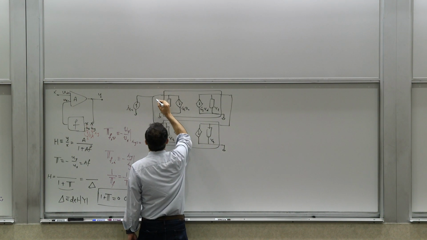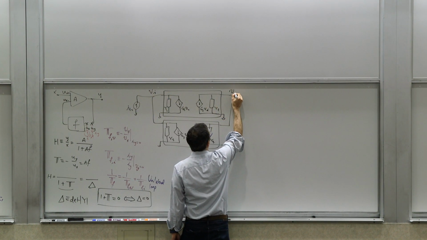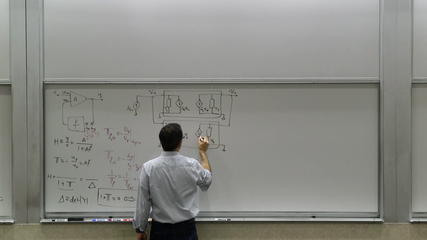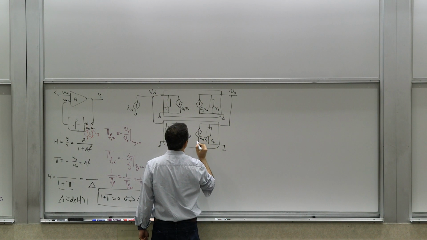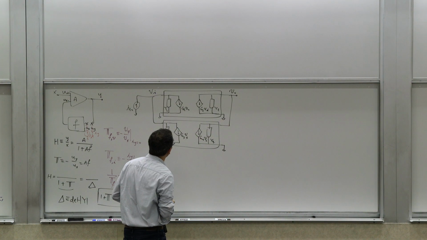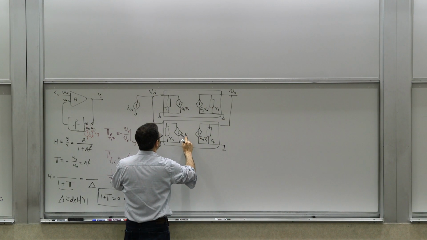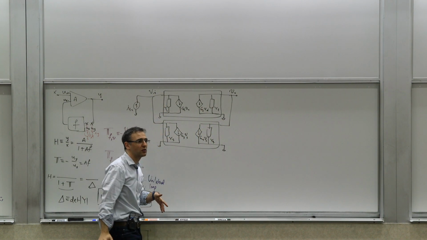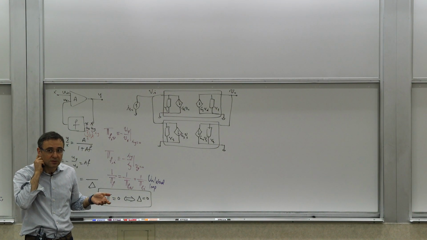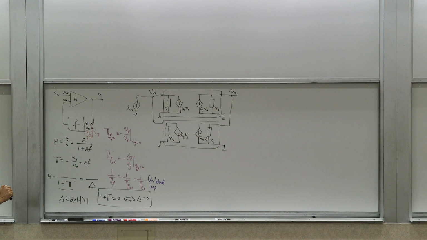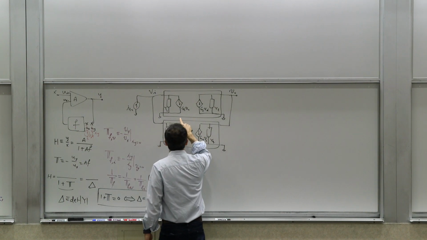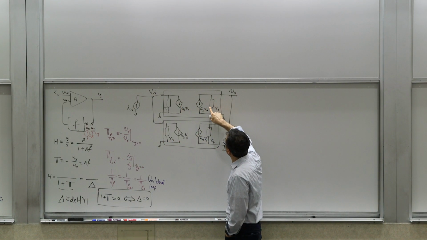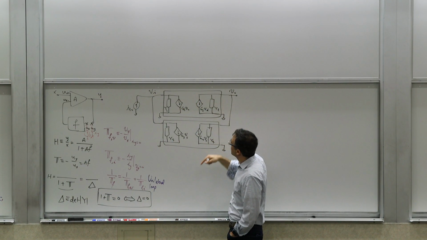So this is G3, this is VI and this is VO. And this would be G4 VI. So what these four admittances represent are the admittances of the port. In general, you can have any admittance here. They can be functions of frequency. And then these transconductances show basically the signal flow in both directions.